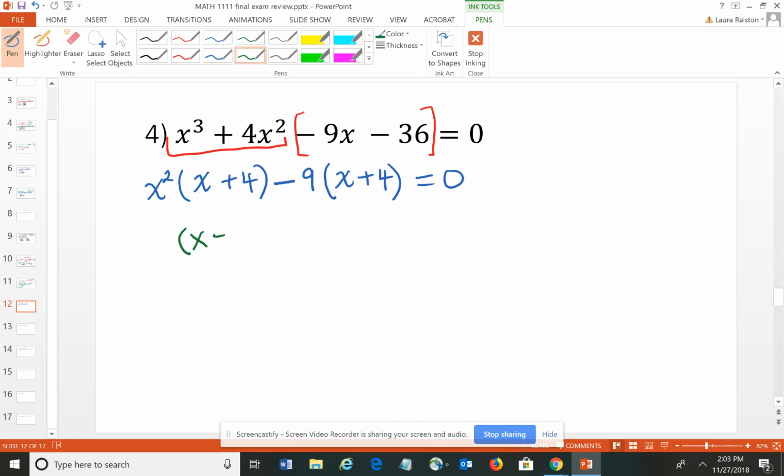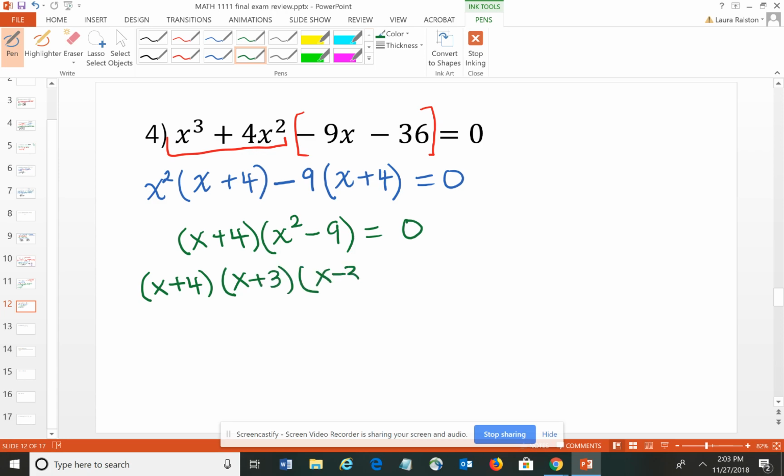So x plus 4 is my common factor, and I have x squared minus 9 left. Now I could break down x squared minus 9 because it's the difference of two squares. And I could factor it as x plus 3, x minus 3, and that's equal to 0.